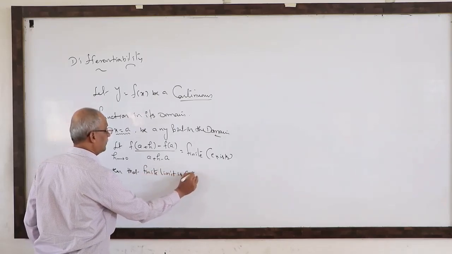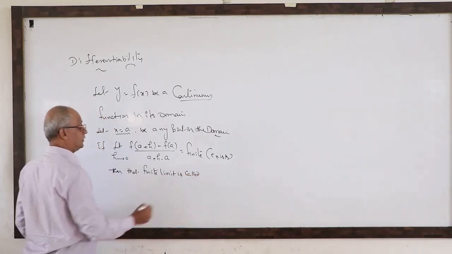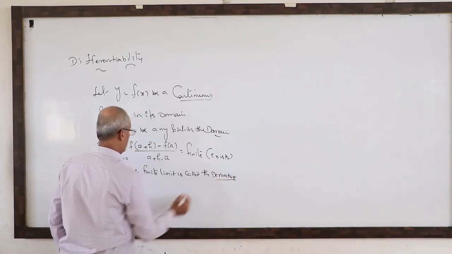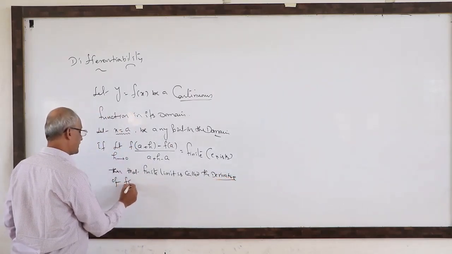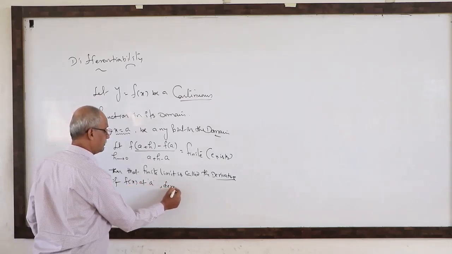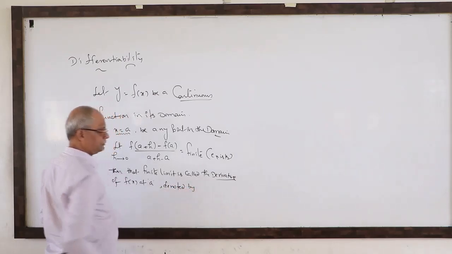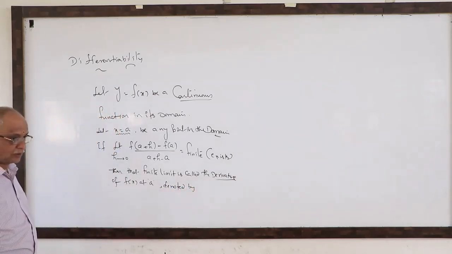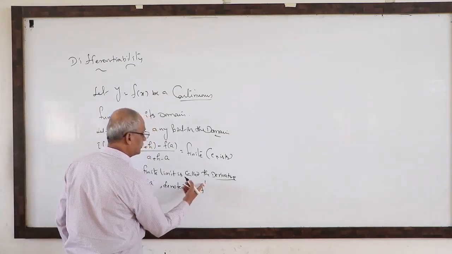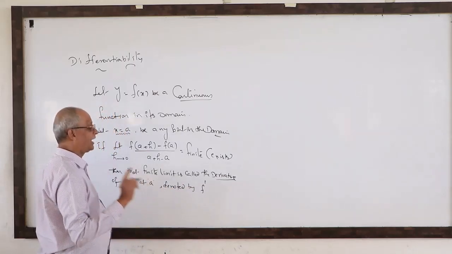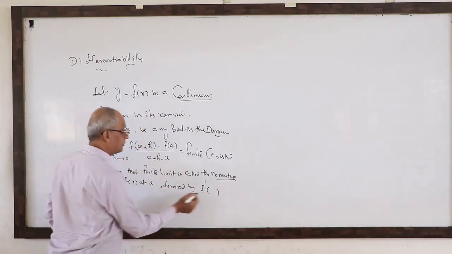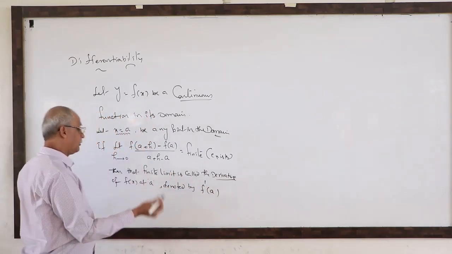then that finite limit is called the derivative of f of x at a, denoted by, we should give the symbolic form. The symbolic form I am writing is f power 1. Don't read f power 1, read f dash. Where are we getting differentiability? At a. What direction are we going for a?